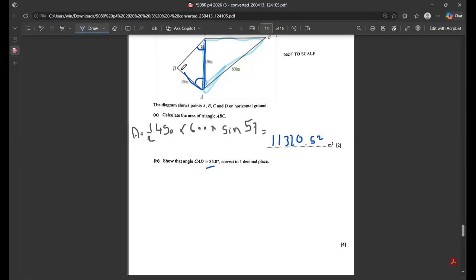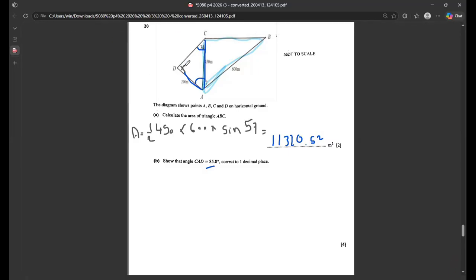Here we can get this angle, for example x, by the sine rule. So we can say sine x over 450 equal to sine 34 over 290. Then we get the value of x on our calc.